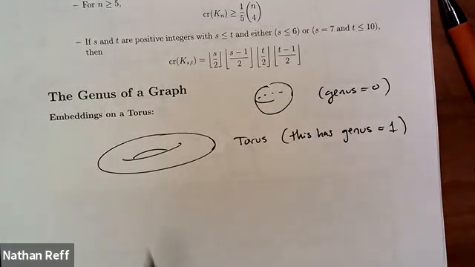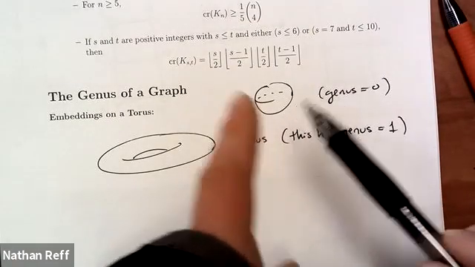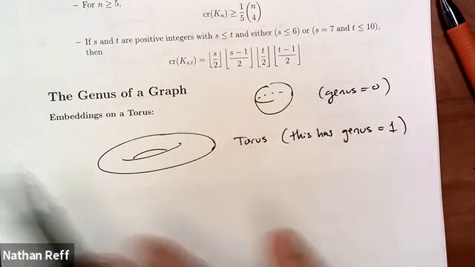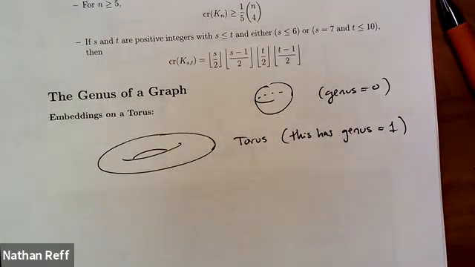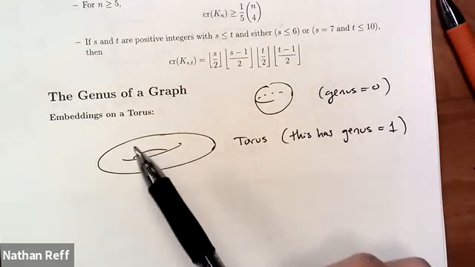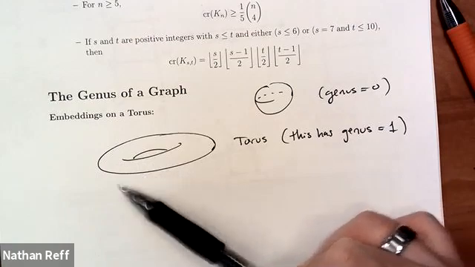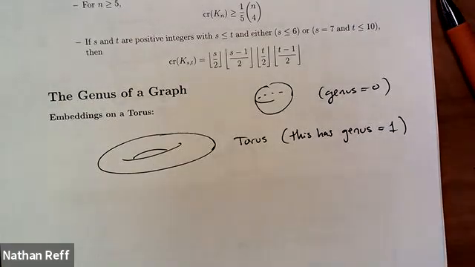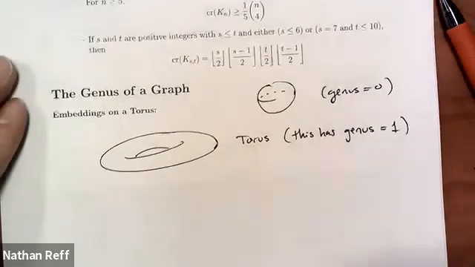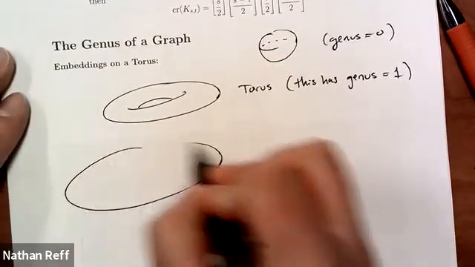And what you could ask is, if I cannot embed on the plane or the sphere, so it's a non-planar graph, can I embed the thing on a torus? Because you have this hole in the surface, it actually gives you more wiggle room to where you could take those edges, and you might avoid crossings actually. Okay, so for example, let me just show you two different embeddings of, say, K4.